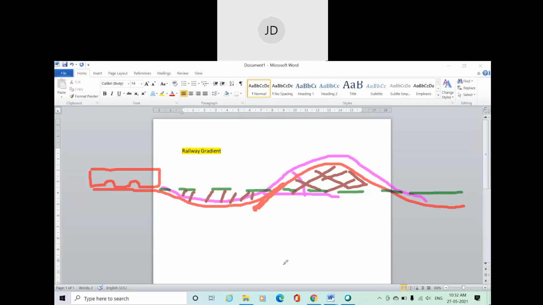If I go for basic geometry, suppose for 1 meter of horizontal axis, what is the amount of vertical elevation that should be given?